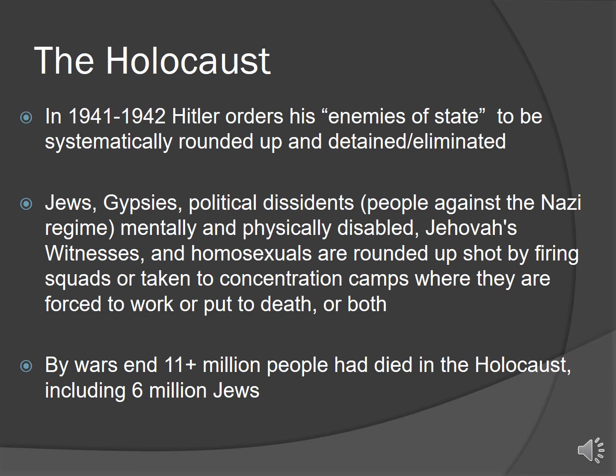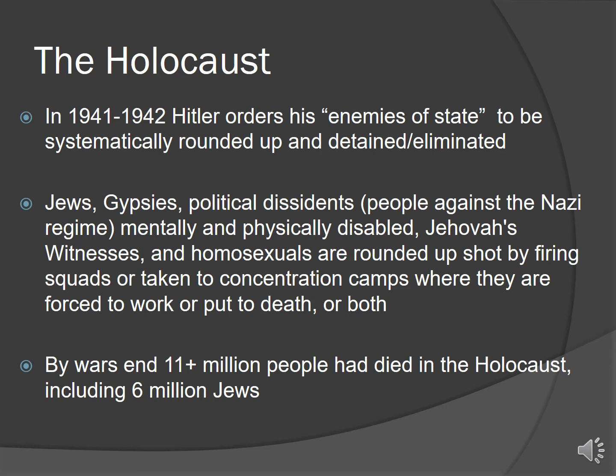extermination camps. On the other hand, there was also a second way that the Nazis attempted to eliminate these quote-unquote enemies of the state, and that was through these firing squads.